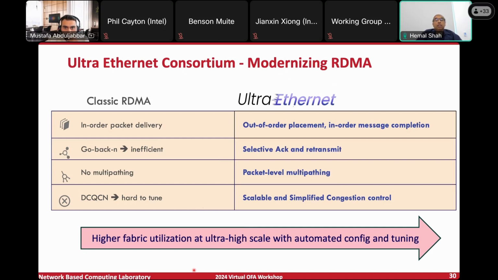Second, with RoCE v2 IB transport, you have a go-back-N policy for when packet loss is detected and retransmission is happening. That is inefficient at high speed, when several packets could be outstanding in a given message and message sizes are getting larger.